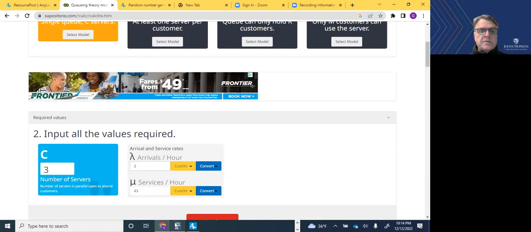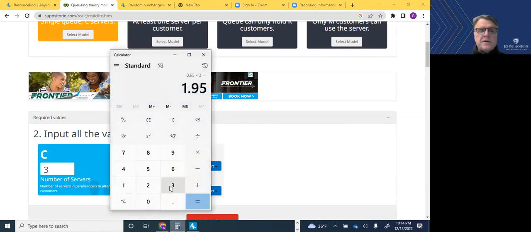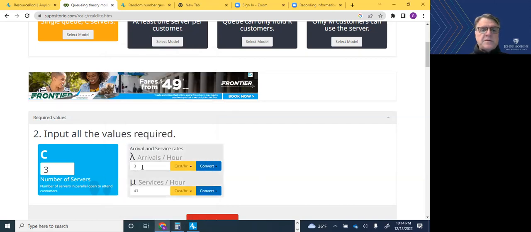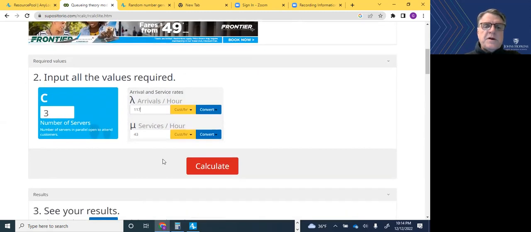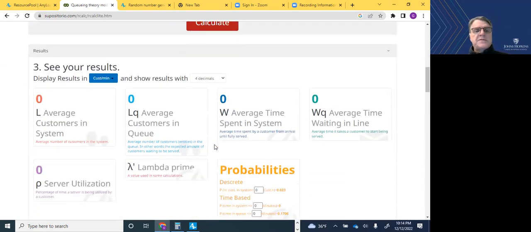So 127, right? Oh, sorry, it was 39 times 3. 117. Yeah, 120 minus 3. Okay, so 117. The service rate of a server, the 3 of them. We'll go ahead and calculate results.